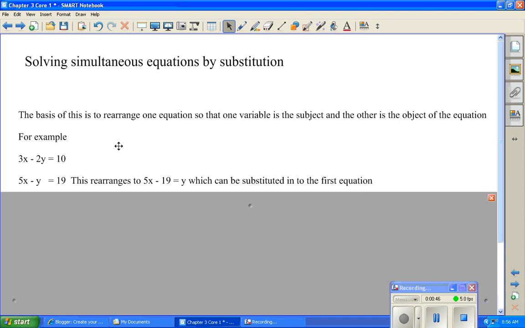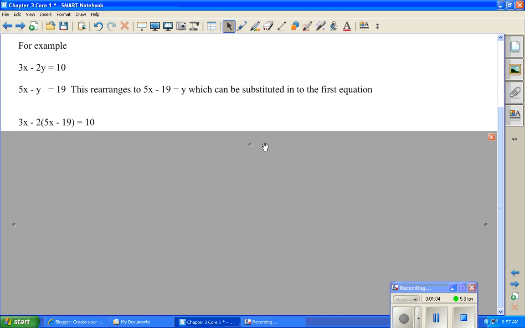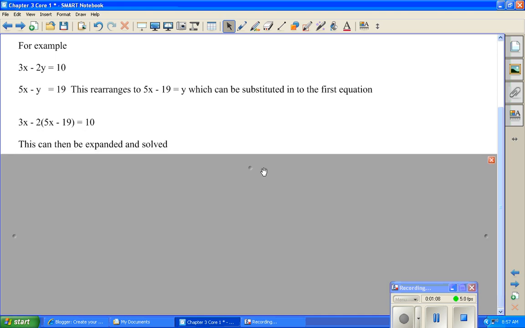Okay. In this case, I've rearranged the second equation to 5x minus 19 equals y. I've done that because in the second equation we've got 1y, and it means I won't then have any fractions to have to deal with later on. I substitute that into the equation, and then I multiply it out.